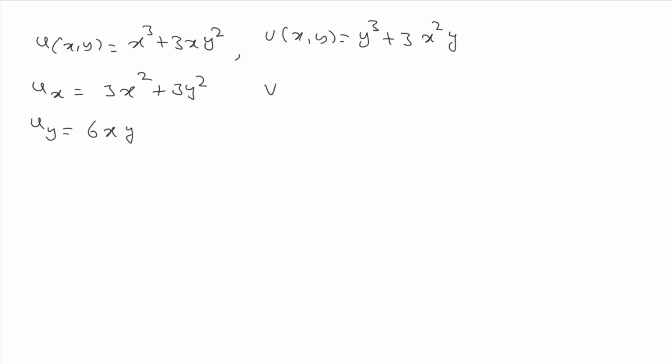Whereas for v, we have vx equal to 6xy and vy equal to 3y square plus 3x square. From this we can easily see the partial derivatives ux, uy, vx and vy are continuous.